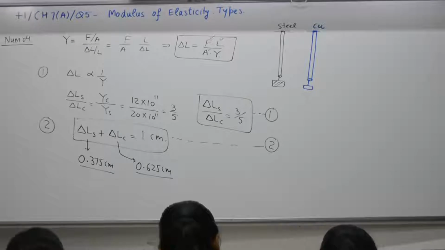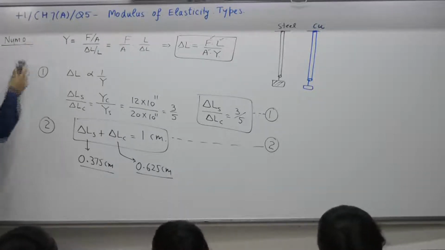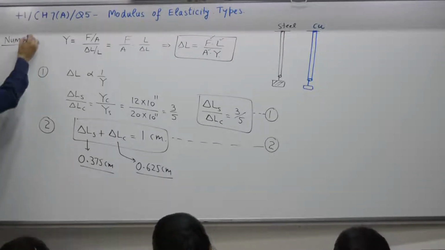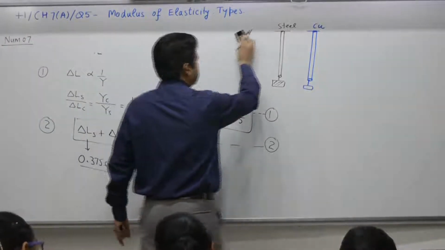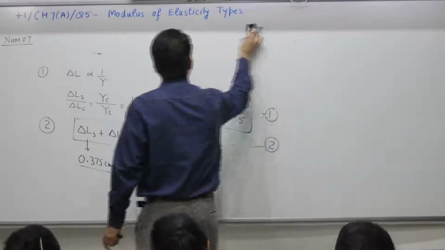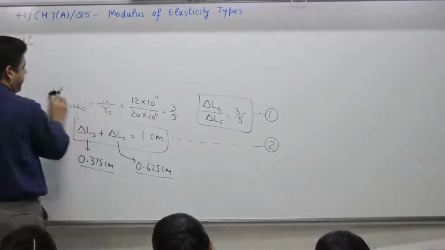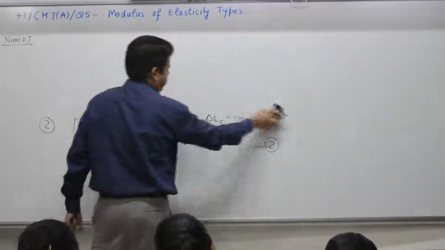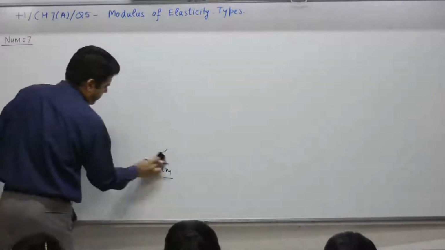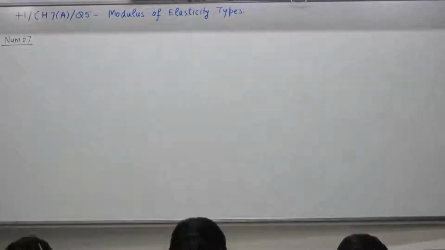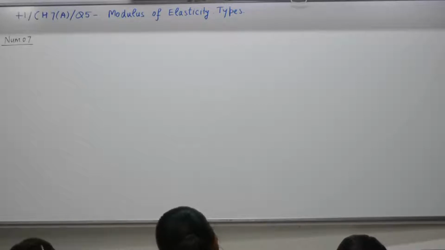Refer to numerical number 7. A spherical ball contracts in volume by 0.01% when subjected to normal uniform pressure of 100 atmospheres.